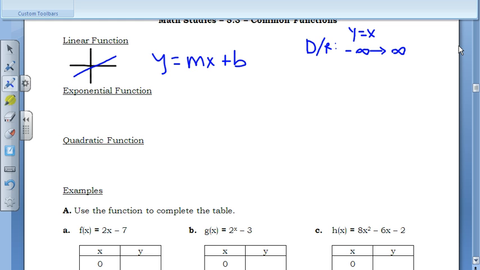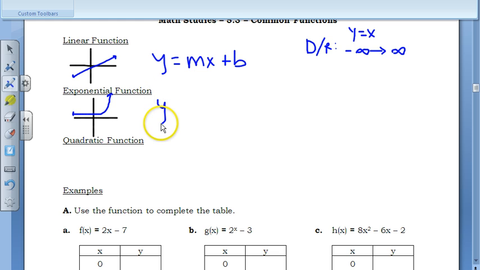Now that can change if I translate the function, and we'll talk about that more in section 5 of the packet. The standard shape of the exponential function is a curve that slowly approaches the x-axis on one end and shoots off to infinity on the other end.